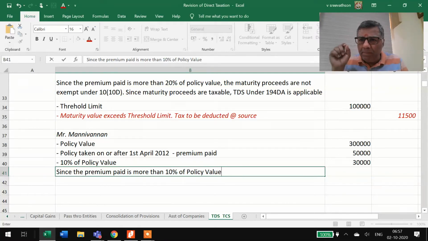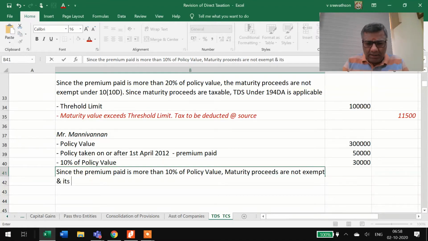Since the premium paid is more than 10% of policy value, maturity proceeds are not exempt and are taxable.